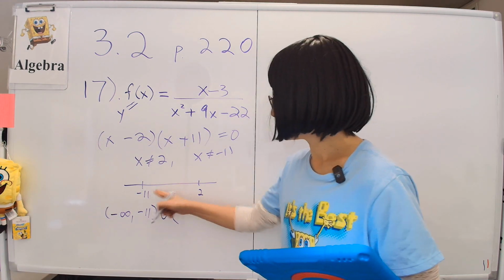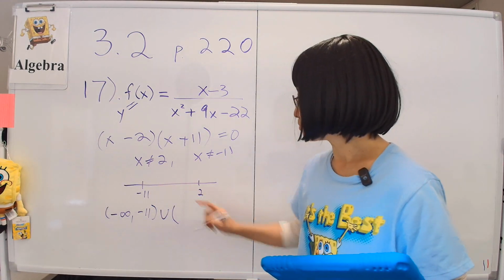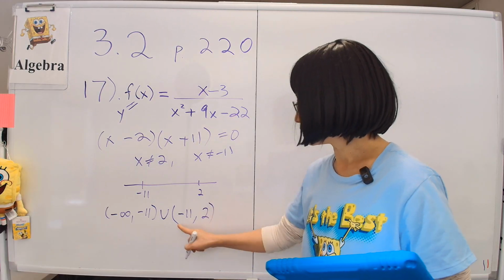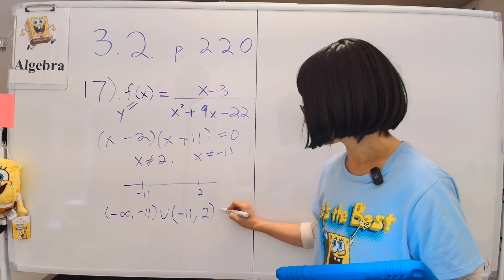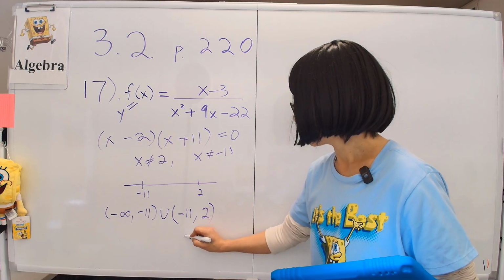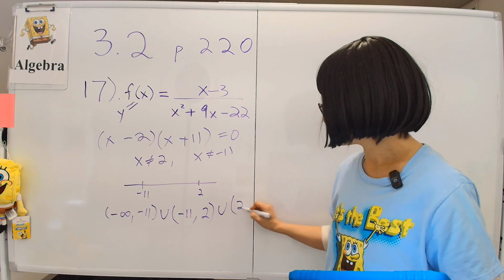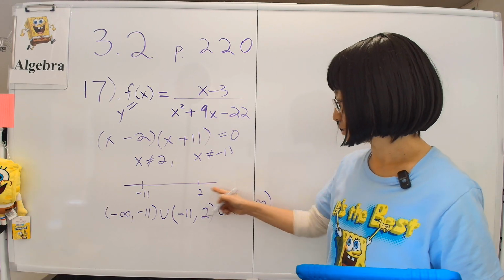The second part is from negative 11 to 2, parentheses on both sides, because those 2 numbers are not acceptable. And continuing, 2, comma, positive infinity, so it goes all the way up.